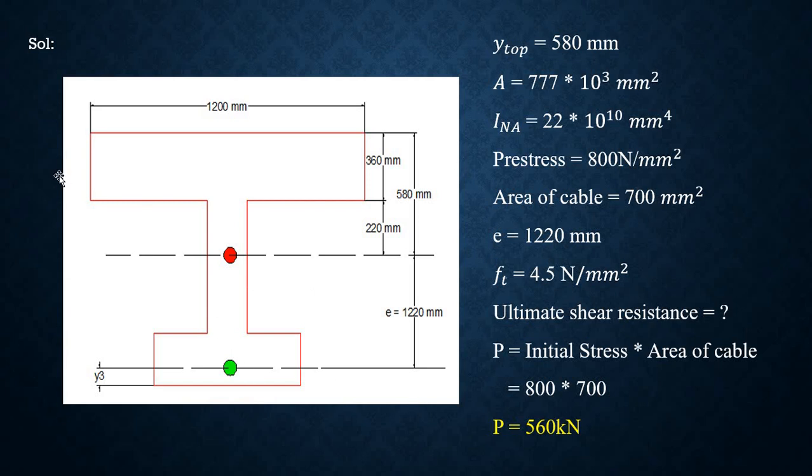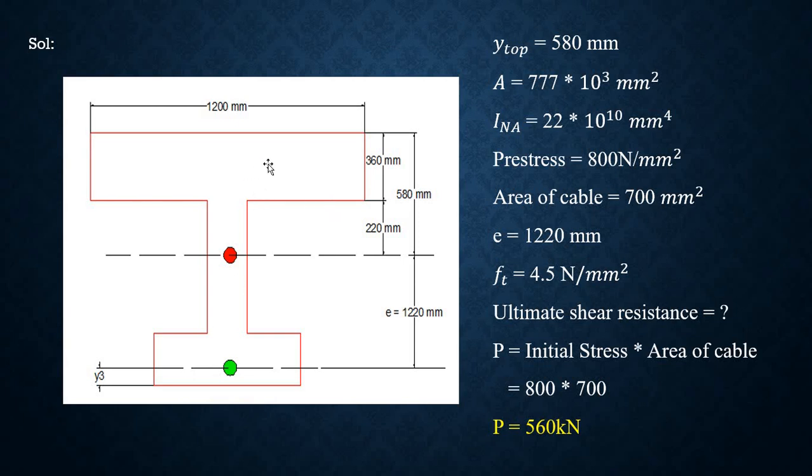According to the data given in the question, I have just drawn an unsymmetrical I section. You can see here the top flange is greater than the bottom flange, as I don't know any dimension of the bottom flange, so I'm assuming that the top flange will be longer compared to the bottom one.